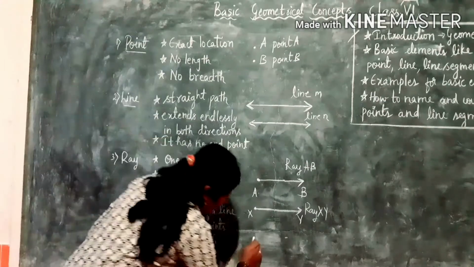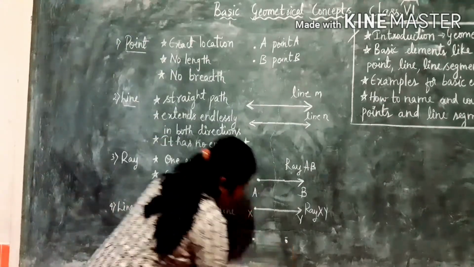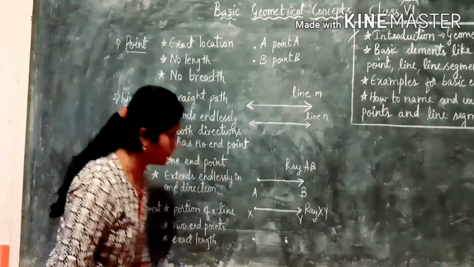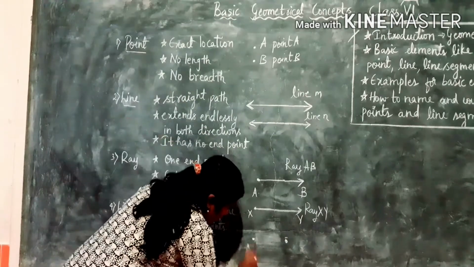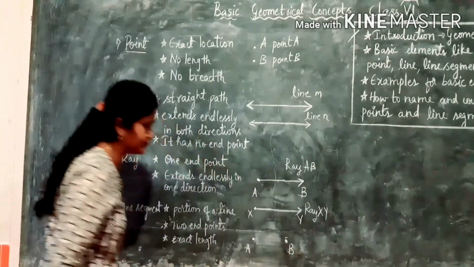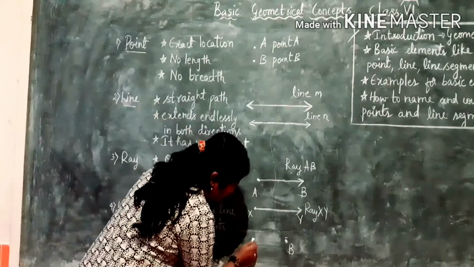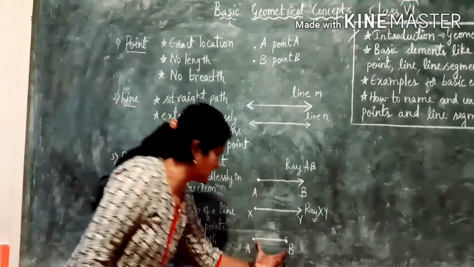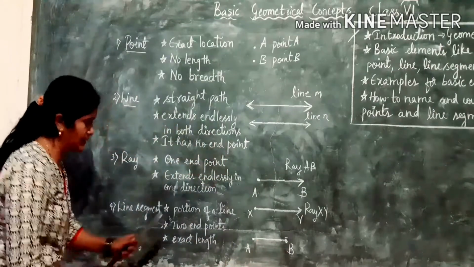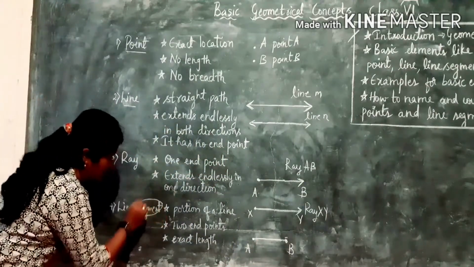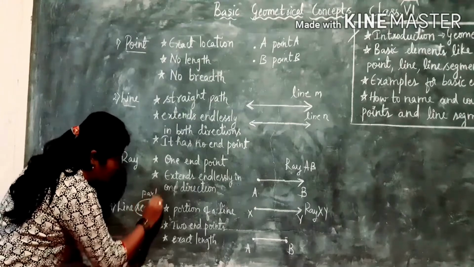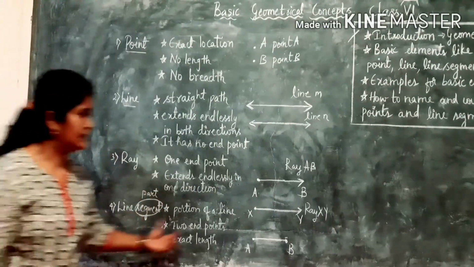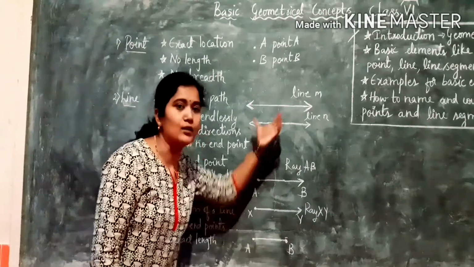Then you have line segment. Here I am going to draw 2 points and call it as AB, and I am going to join these 2 points. Here you get a line segment. So in the name itself, segment means part. So this line segment is a part of a line.